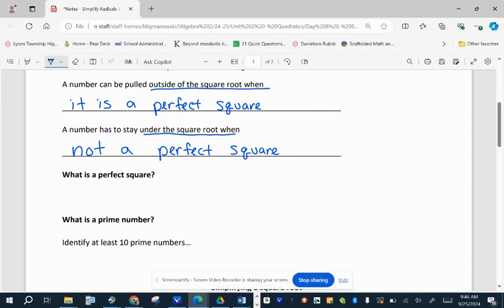So what are perfect squares? Our perfect squares are 1, but we don't really use 1. So 4, 9, 16, 25, 36, 49, 64, 81, 100, and then there's even more from there. But those are the main ones we're going to focus on today.